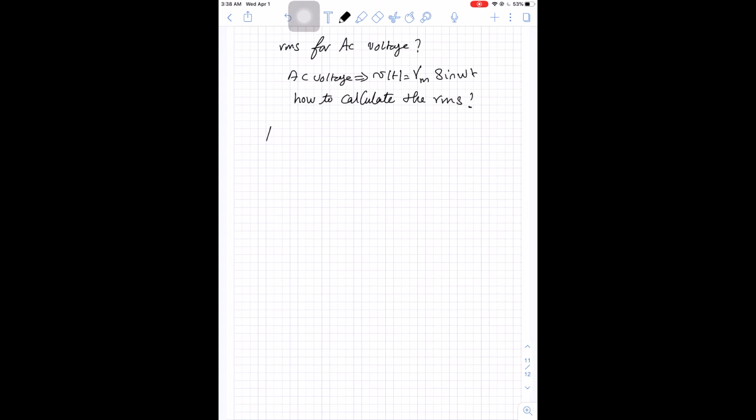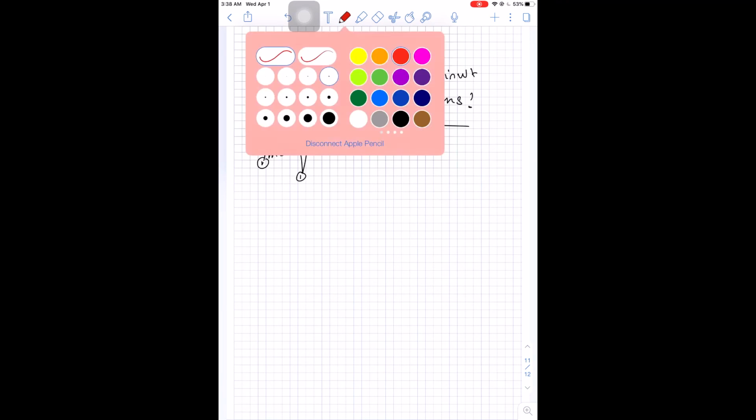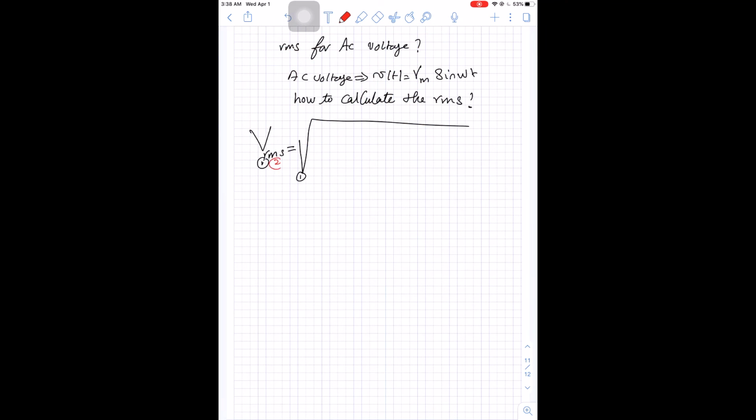So V RMS equals root. Here is the root. The second step is the mean. So the mean is 1 over the duration, 2 pi, times the integration from 0 to 2 pi. If we sketch a sine wave, V of t versus time, here is pi, here is 2 pi.